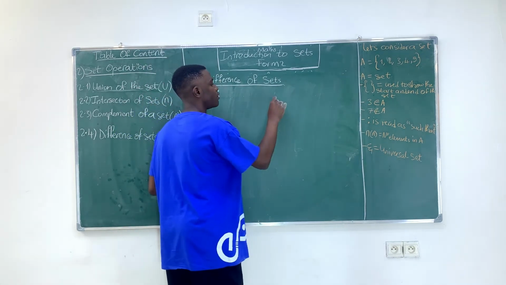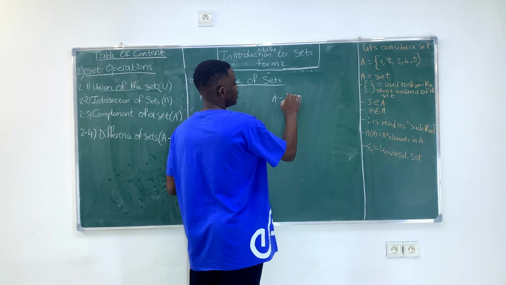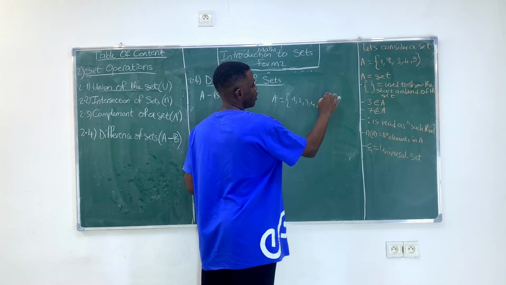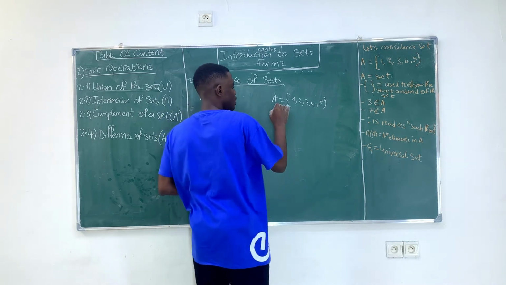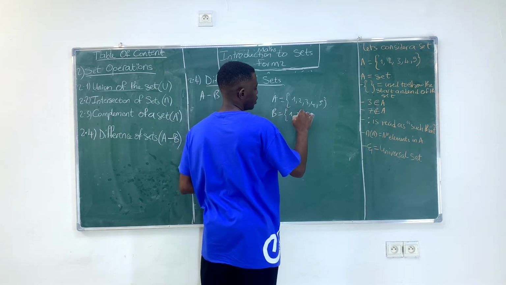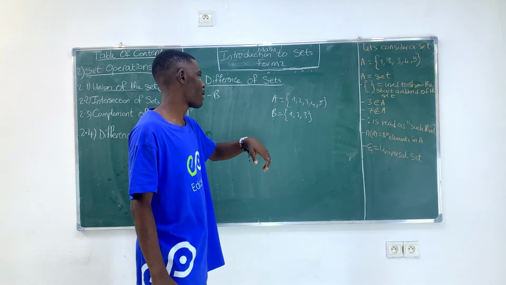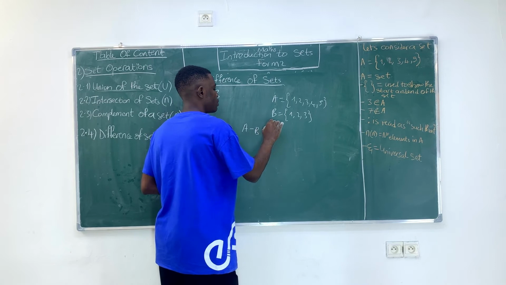For example, let's take A equal to 1, 2, 3, 4, 5. That is your A. And your B is 1, 2, 3. That is your B. What is A minus B?